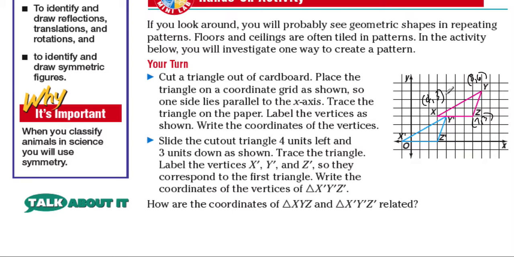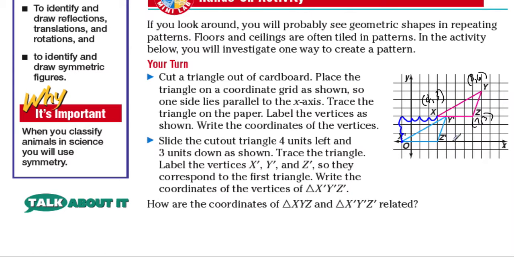After writing the coordinates for all our vertices, slide the cutout triangle 4 units to the left and 3 units down as shown. Basically we slide each vertex of our triangle 4 units to the left and 3 units down. For vertex x, 4 units to the left is 1, 2, 3, 4, and 3 units down, 1, 2, 3, and I end up with my x prime.